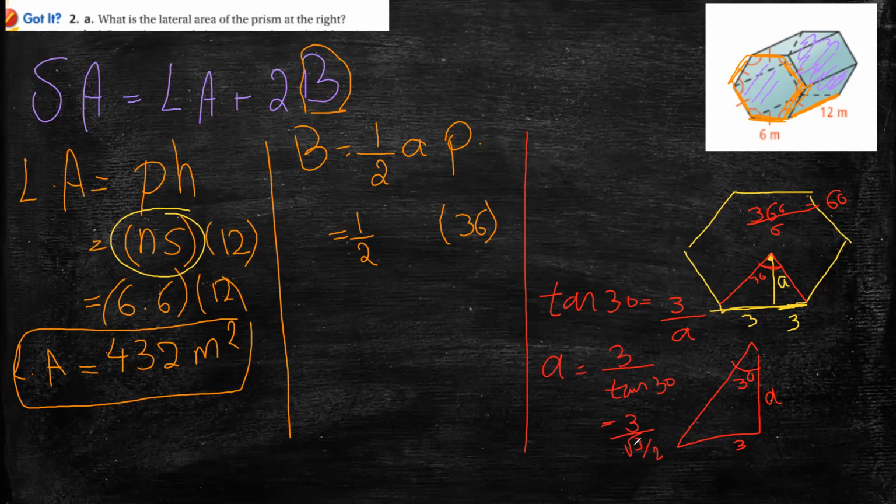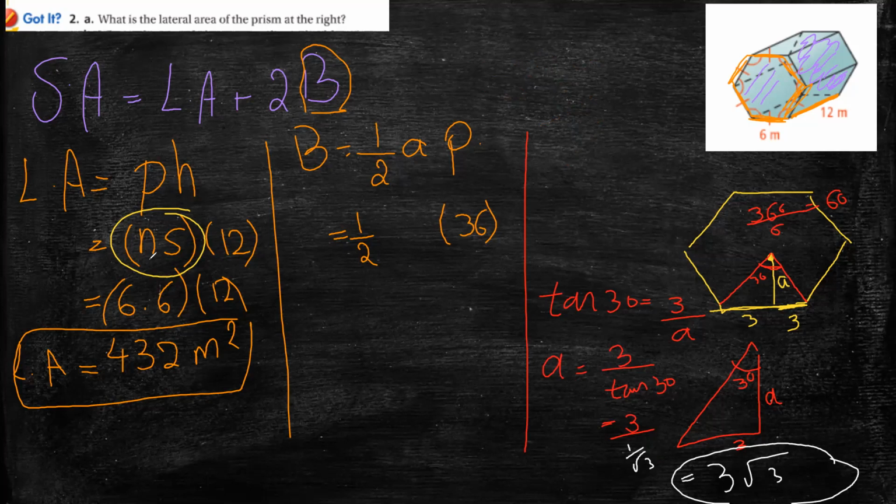Yes, 1 over square root of 3. So it will be 3 square root of 3. This will be now the apothem of this hexagon.